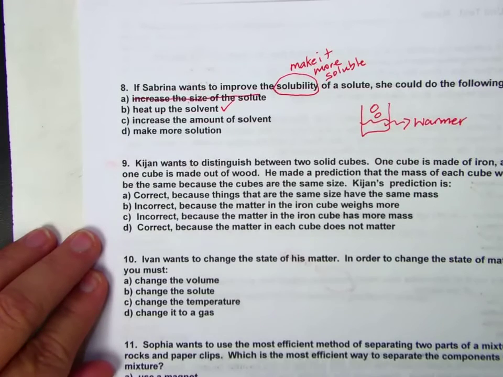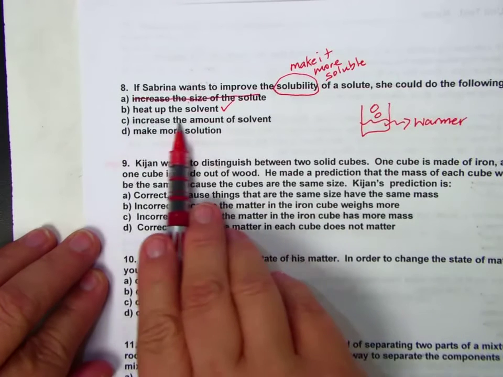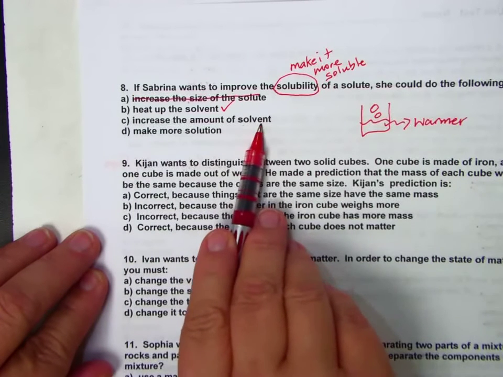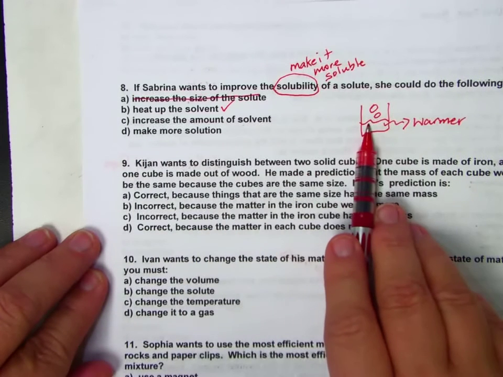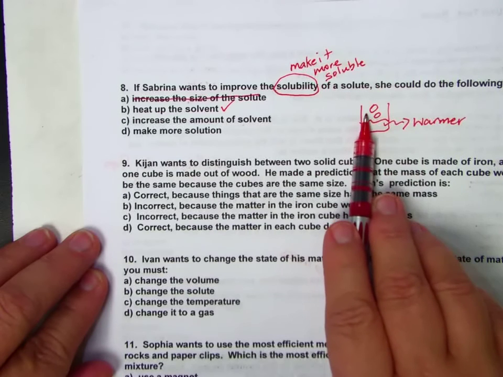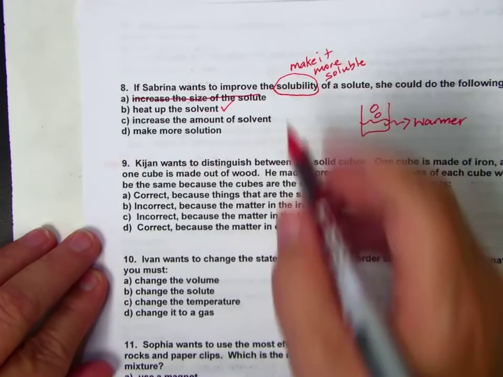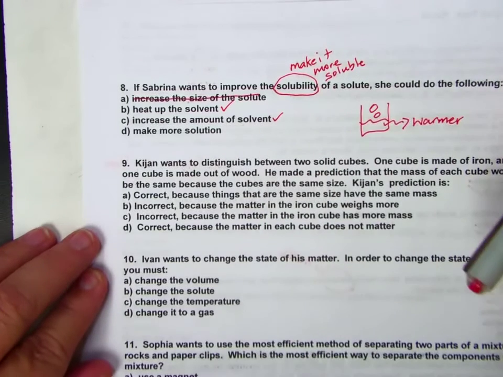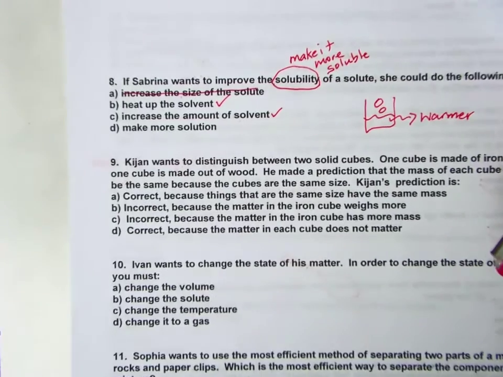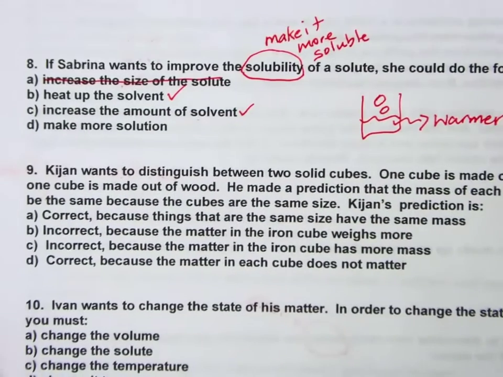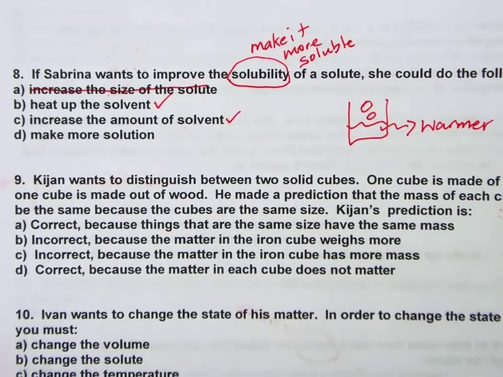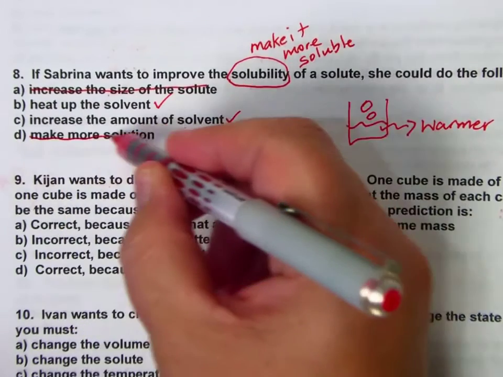If I increase the amount of solvent, yes. If I put a little bit more solvent in it, that would be a good way to do it. And then the last one is make more solution. Well, if I make more, that doesn't make it dissolve easier.